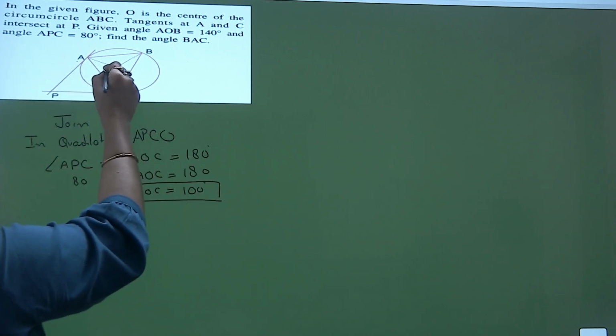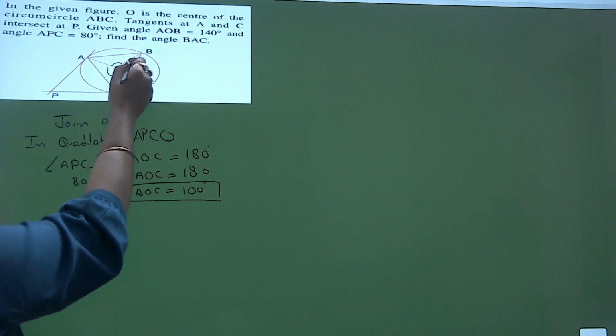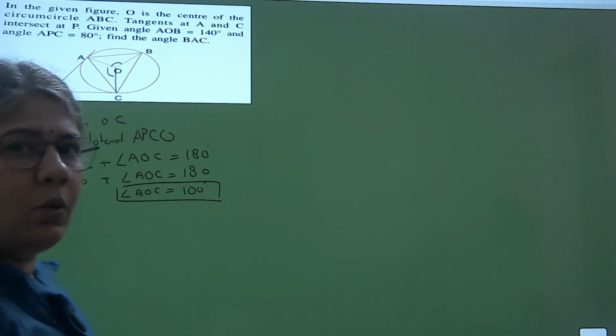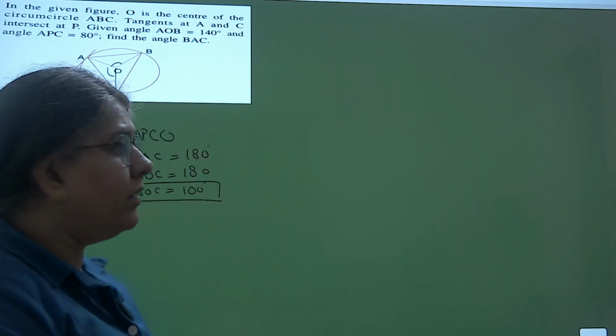See, this much is 100, this is 140. So we can easily find angle BOC. Angle about a point is 360.